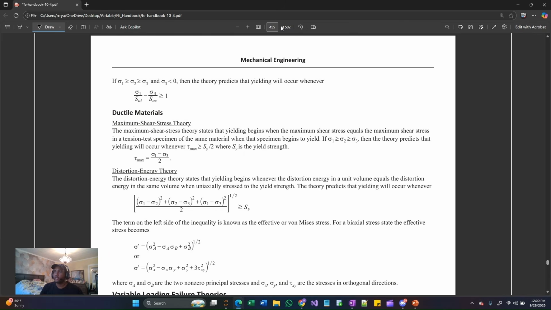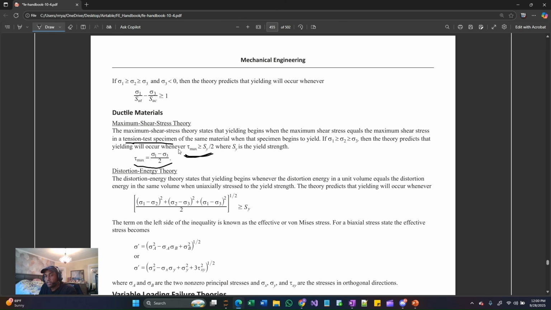The last section was the section on failure theories. And you see the statement that they wrote on the failure theory, the one that I kept saying in terms of the simple tensile specimen. And this is where you would find that. You see the maximum shear stress is just the yield strength divided by 2. And you can see inside of the body, they really look at the principal stresses, sigma 1 minus sigma 3 over 2. And that's technically what we did.